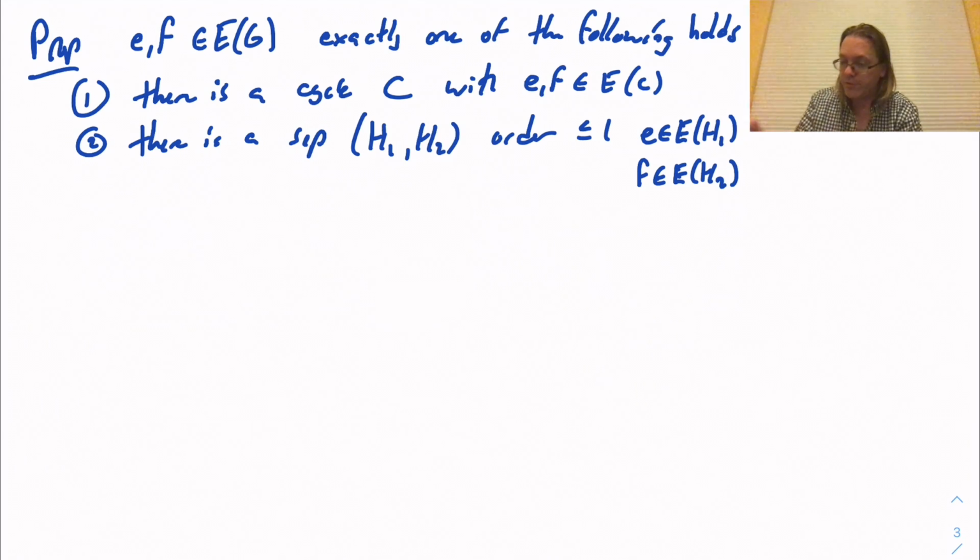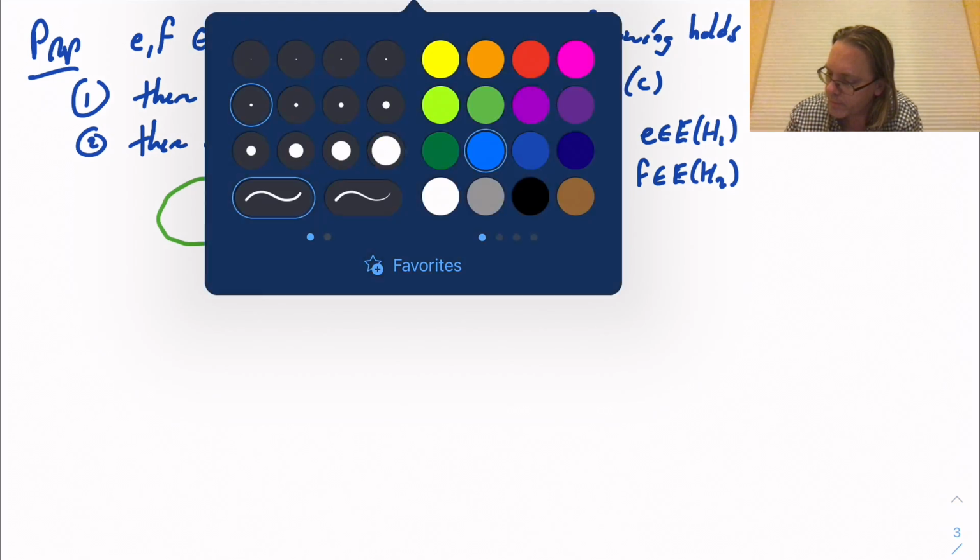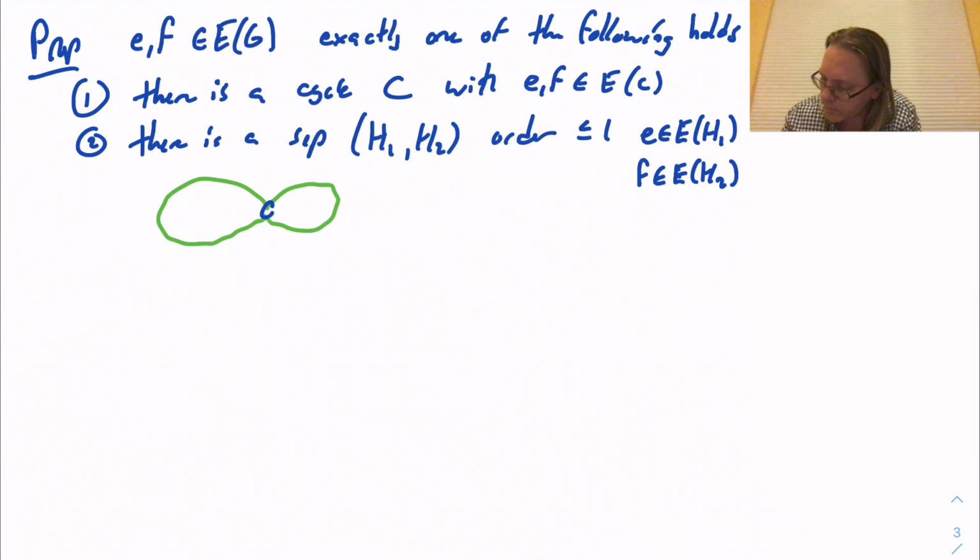Suppose you have this structure. You have a separation of order at most 1 with E on the left and F on the right. I'll draw it of order 1 because that's maybe more natural, or the more interesting case, I suppose.